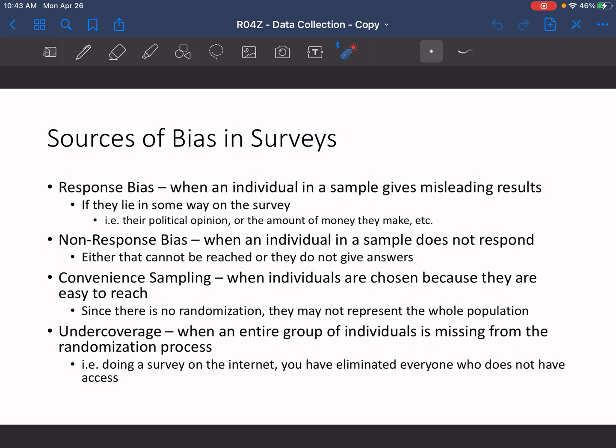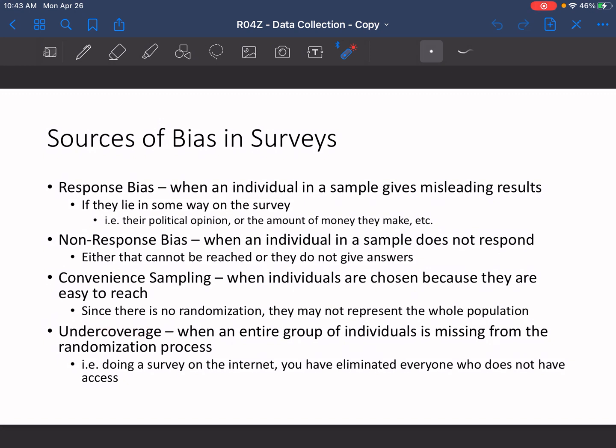The only reason that that represents convenience sampling is because I'm just being lazy and only picking the first 10 numbers, and I'm trying to get their political opinion on something. Those first 10 numbers may all be highly Republican or highly Democratic, and I'm not going to get a whole picture of how those individuals might respond in that particular area. So that's an example of convenience sampling in that sense.